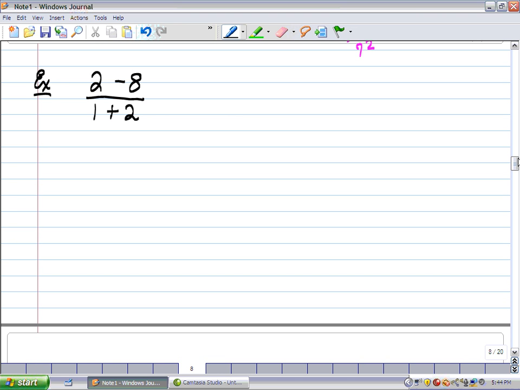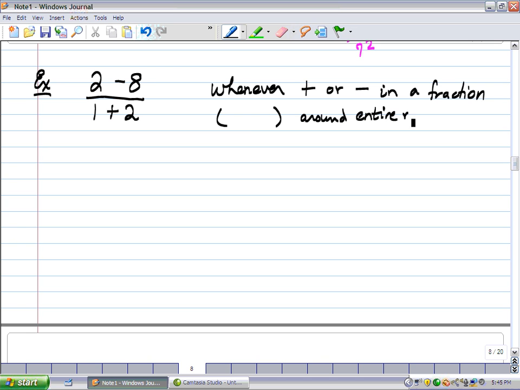Well, whenever you have addition or subtraction in a fraction, there's parentheses around the entire numerator and around the entire denominator.